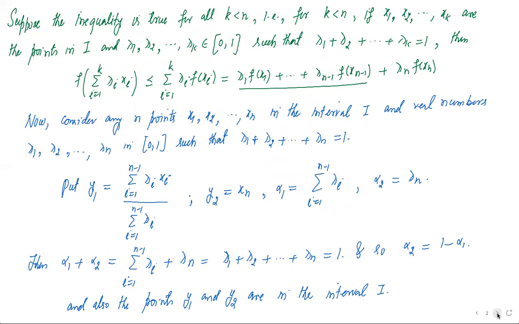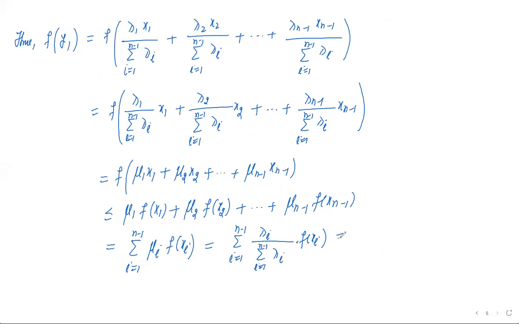Therefore, we can write this equal to summation i running from 1 to n minus 1 lambda i f of xi, whole divided by alpha 1, where alpha 1 is the value of summation i running from 1 to n minus 1 lambda i. So now let's call this equation number 2. Now let's substitute equation number 2 in equation number 1.